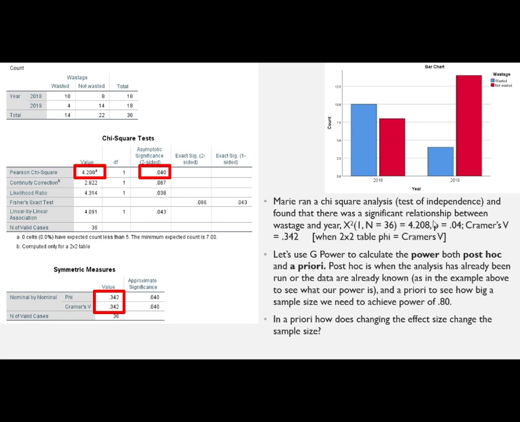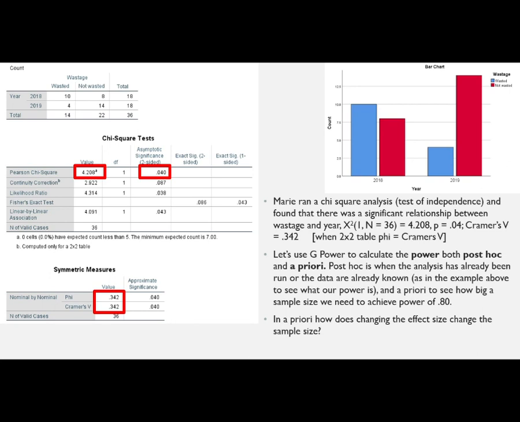Here's our output. She ran the test of independence and found that there was a significant relationship between wastage and year, chi-square of 1 degree of freedom, n equals 36, 4.02, and her p-value was less than 0.05. Her Cramer's V is 0.342. And when you have a 2x2 table, phi and Cramer's V are the same. So we're just going to report the Cramer's V.